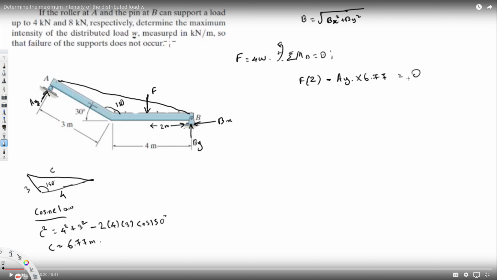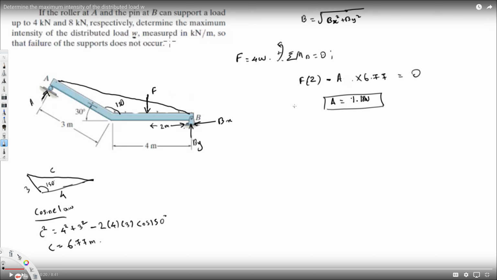If I calculate, A comes out to be 1.18, and I substitute 4W for F, so I get the answer in terms of W. If I calculate this, I will get 1.18W. So this is the answer for A.